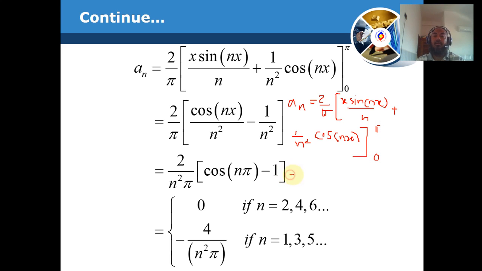So it will equal to, from pi you can see here, this is n pi.